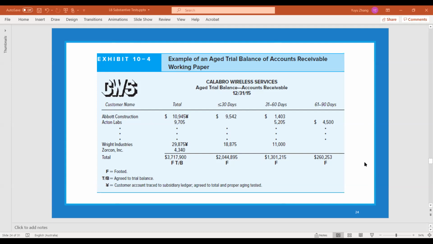And suppose around these accounts receivable documents, you have done so much work, collected so much evidence. So if you need to point to one type of audit procedure you have done, which one is the corresponding one?